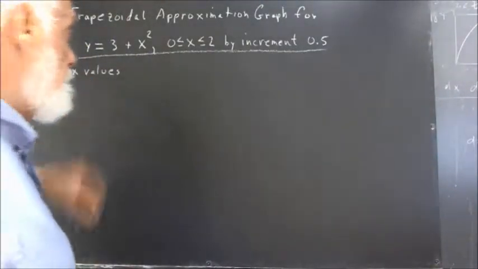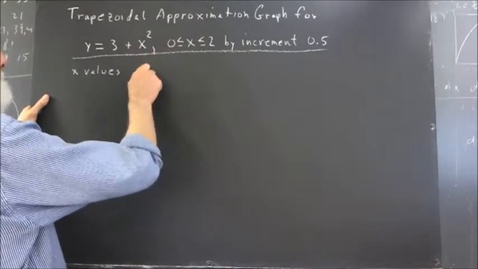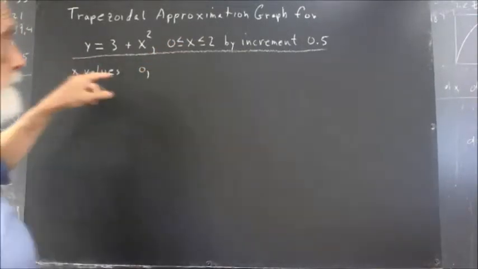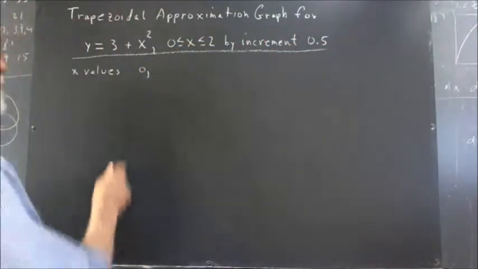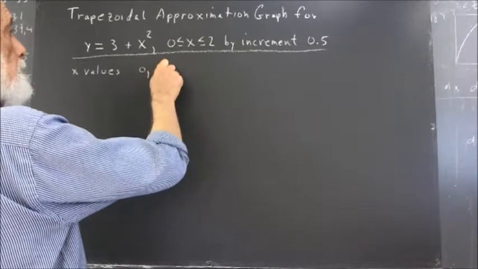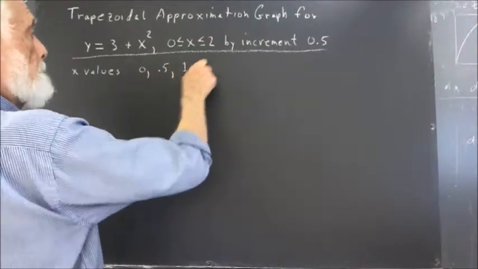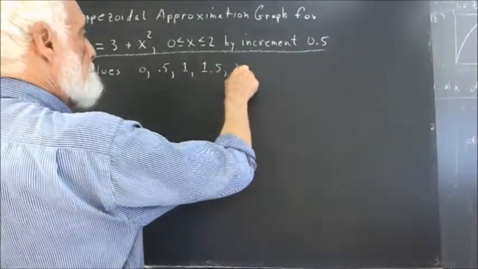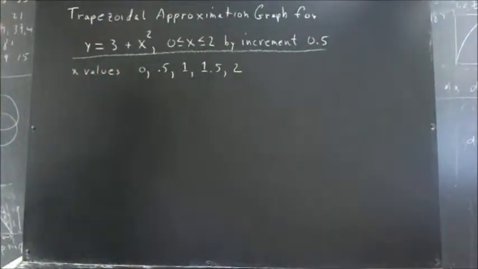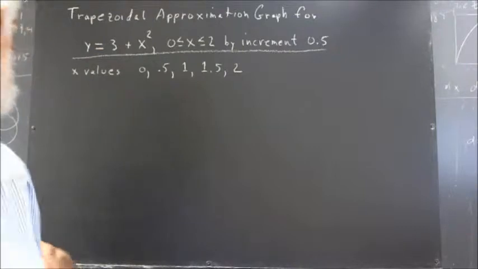Our x values are going to start at 0 and proceed to 2 by increments of 0.5, which means the next value will be 0.5, then 1, then 1.5, then 2.